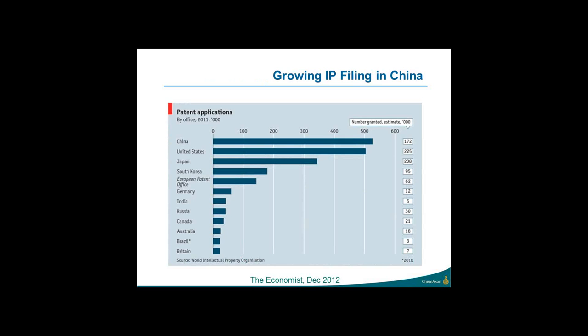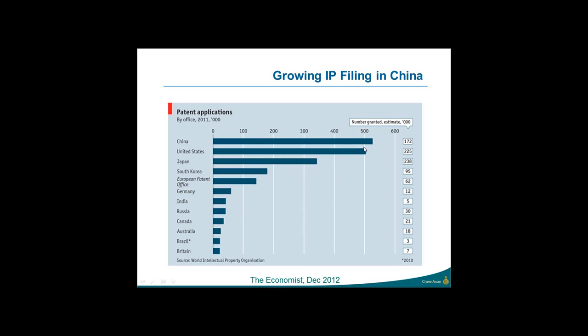So that was a brief overview of our naming technology and its expanded functions. Next, Chinese documents. China has now overtaken the U.S. and become the number one patent filer in the world. This is a plot I extracted from The Economist last December.